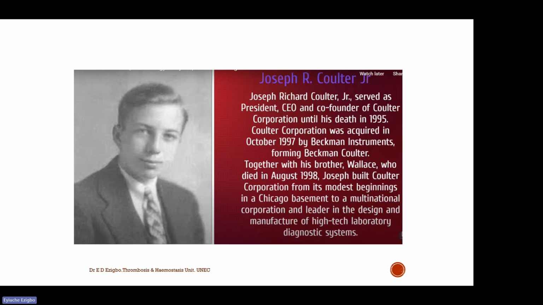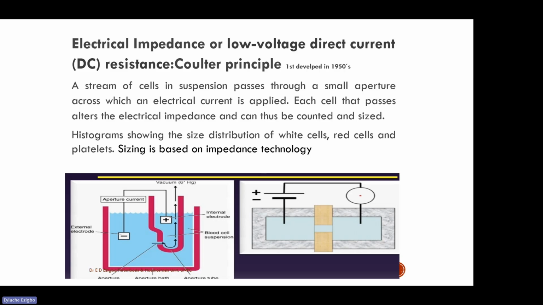The principle of electrical impedance is that it counts cells based on the detection and measurement of changes in electrical resistance produced by cells as they traverse a small aperture.